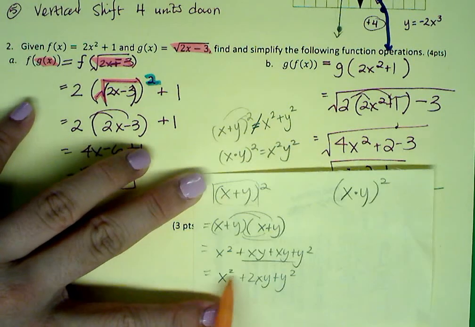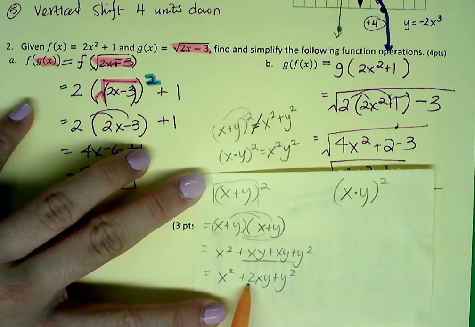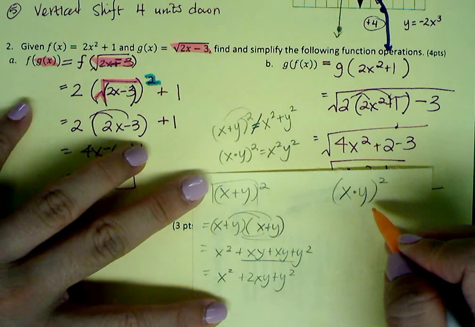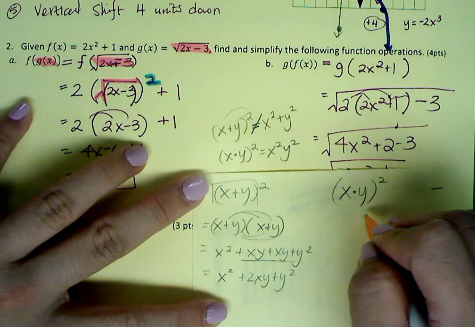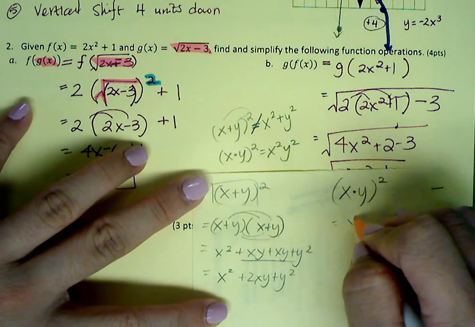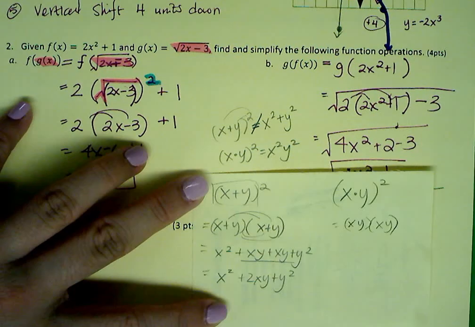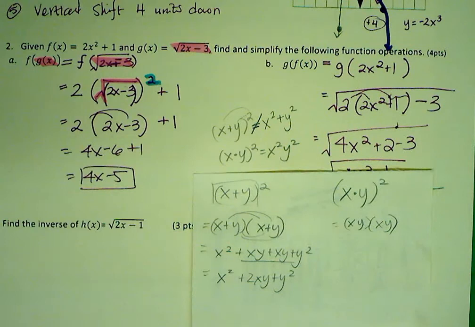What about this, though? How come it works there? Because what does this fundamentally mean? Something is being squared. So it's xy times xy. Is it also because when multiplying it doesn't really matter? But that's a rule. Why does it not matter? That's what I'm trying to show you right now. When you're multiplying, do I need to distribute something here? Here, why did I have to distribute? Because they were being added, right?